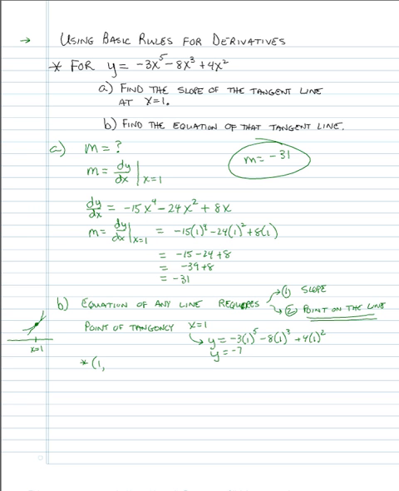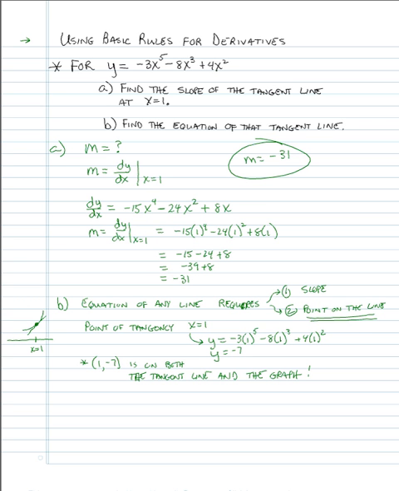The point where x is 1 and y is negative 7 is on both the tangent line and the graph. See, it's on both of those because that's where we're tangent.